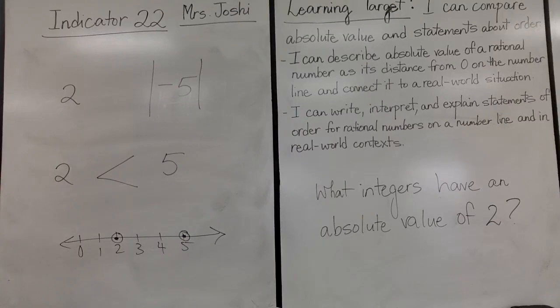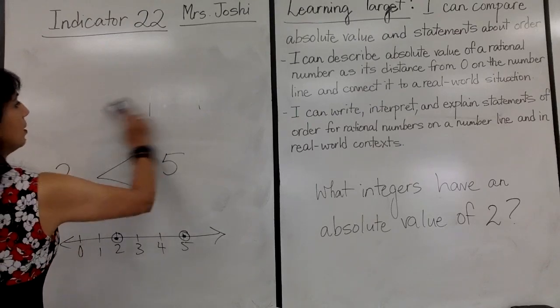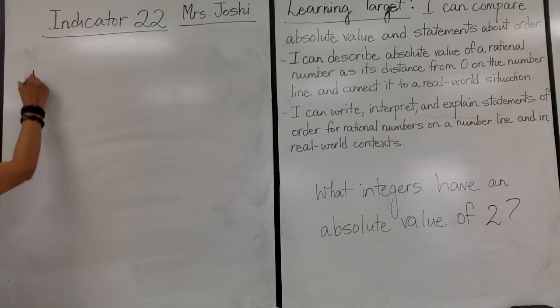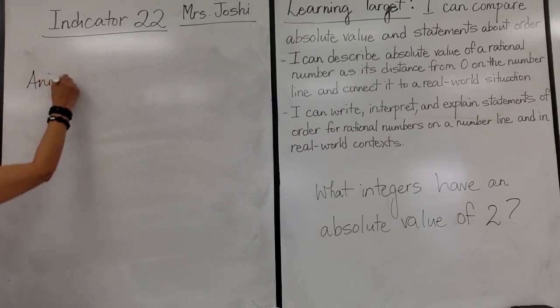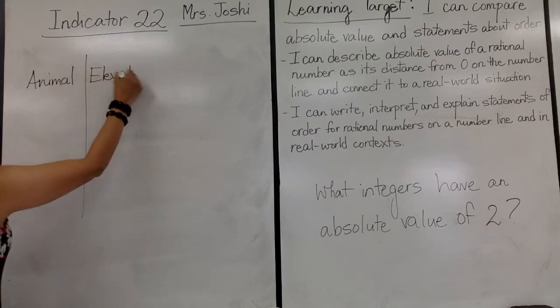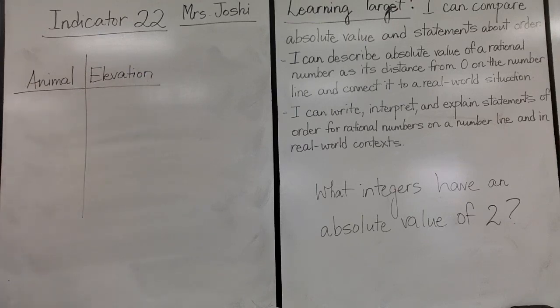Okay, so let's say I give you a question in which I'm talking about animals in the ocean. I'm just going to write. This is the animal part, and then I have the elevation, which is the height of it from the surface of water.